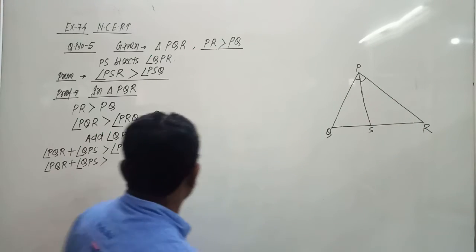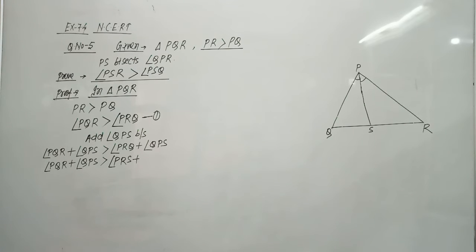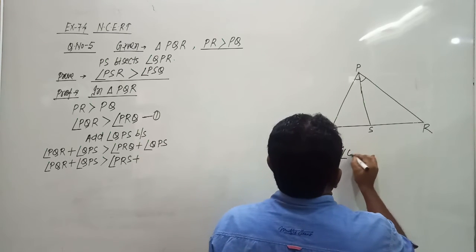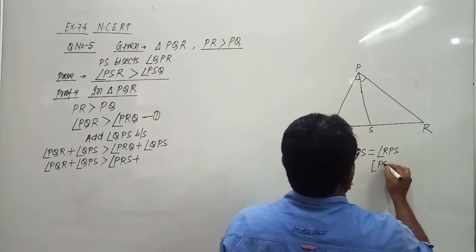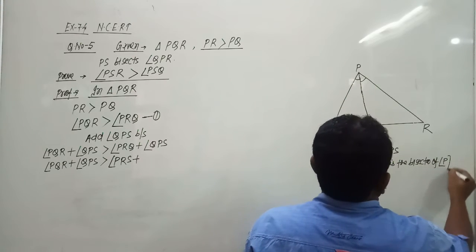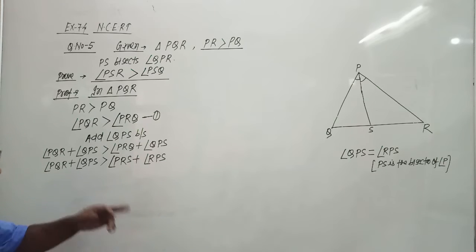Angle PRQ is also written as angle PRS. And angle QPS is written as angle RPS, because PS is the bisector of angle P. So in the place of QPS, we can write angle RPS.